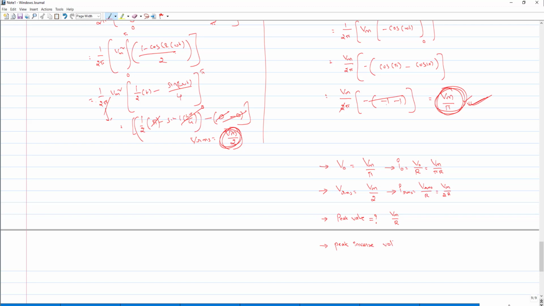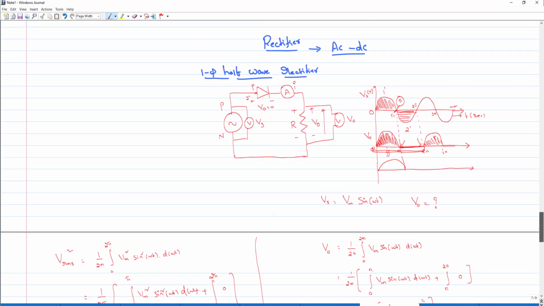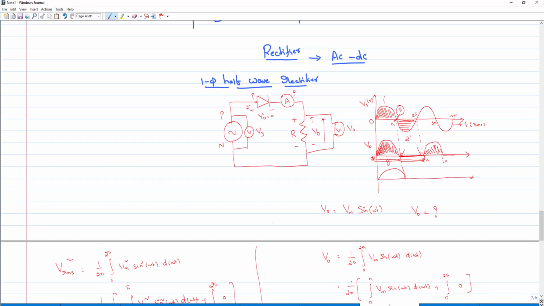Peak inverse voltage of the diode. What is meant by peak inverse voltage is, look carefully at this point. I'll just erase this for our understanding.